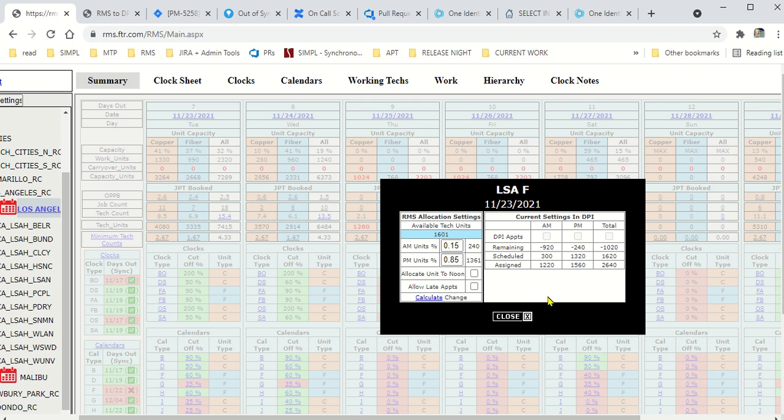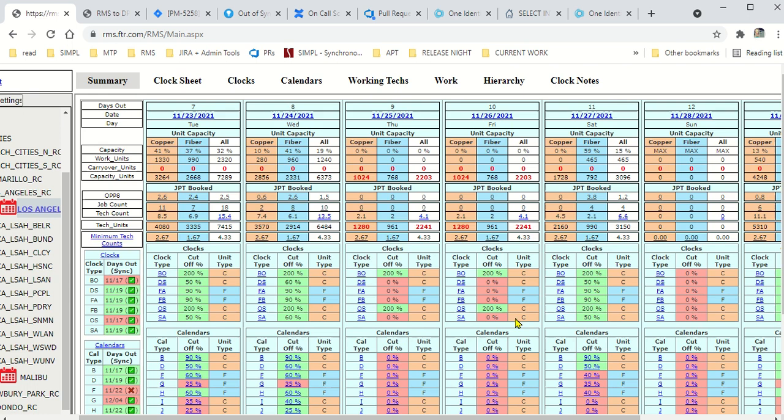okay. So this is the opposite case where it should be closed, but it's not closed.